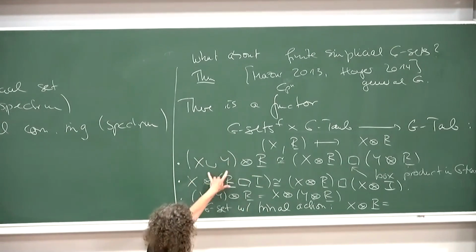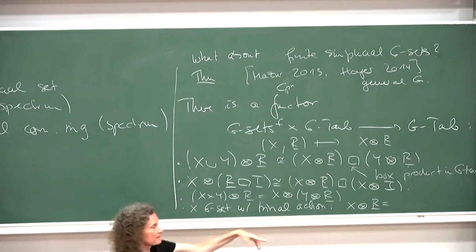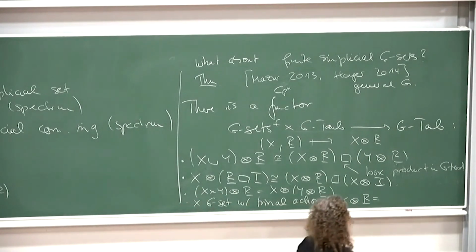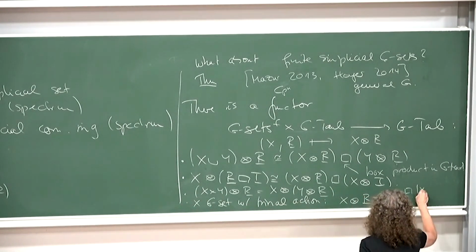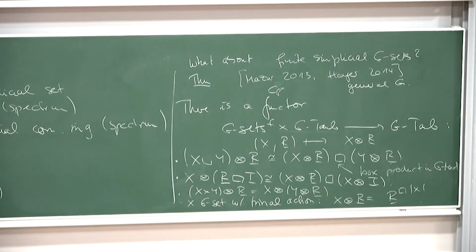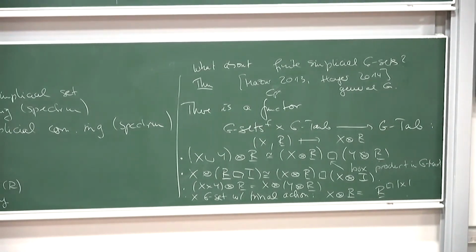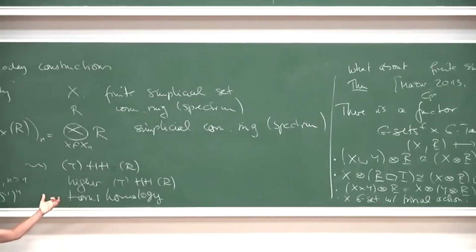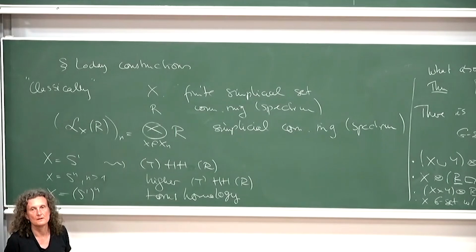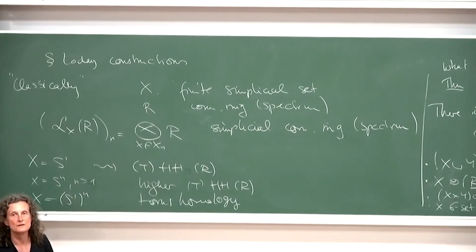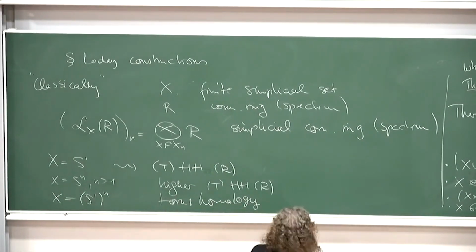One way of thinking about this is that X is just a bunch of points, a disjoint union of G-sets, so you just get X copies of R. It's very similar to that formula here. But the important thing is that this is functorial in both things. In particular, it's functorial in the G-set. So if you now have a simplicial G-set, it will just move along, and you get something well-defined.